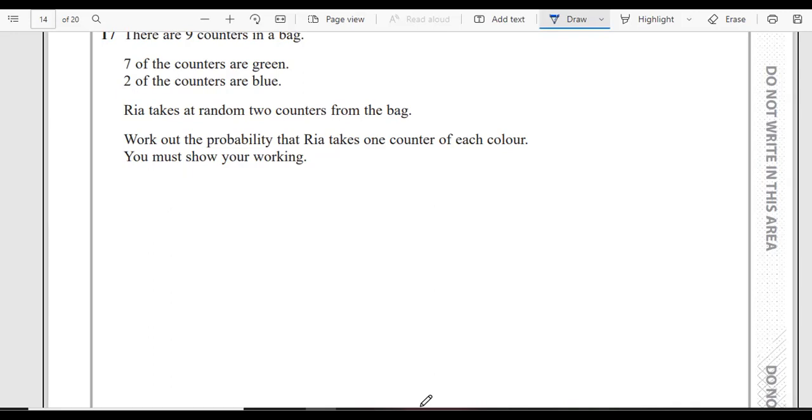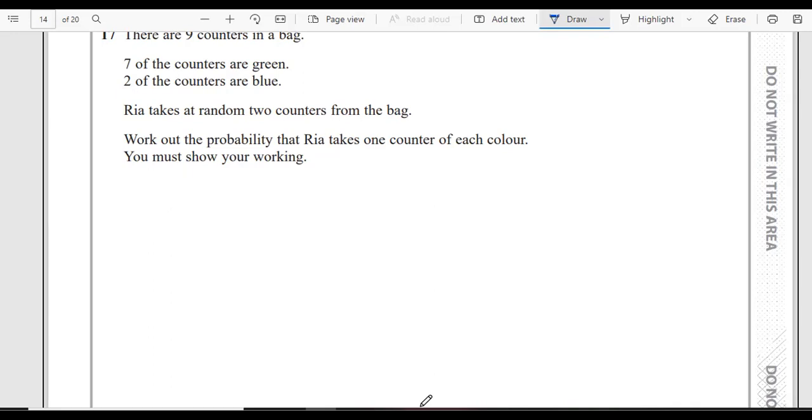All right, 7 by 8 and then 2 by 9 and then wait a second. If she got green, okay. So you have done this with replacement, right?